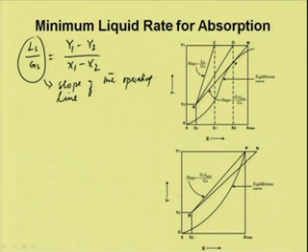So, this is the x-y diagram. There are two types of diagrams that can be seen, in which this is one equilibrium line and this is another equilibrium line.